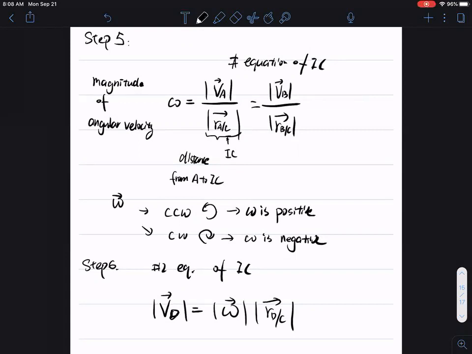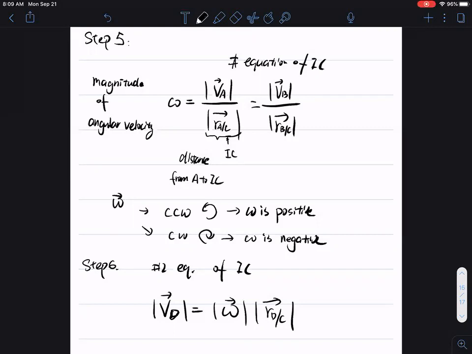That equation tells us the angular speed of a rigid body. But in order to use that equation to solve angular speed, you need 2 things. You need VA of AB, it can be any point on the rigid body, but you need to know the velocity or speed of that point. And you need the distance from that point to the instant center.